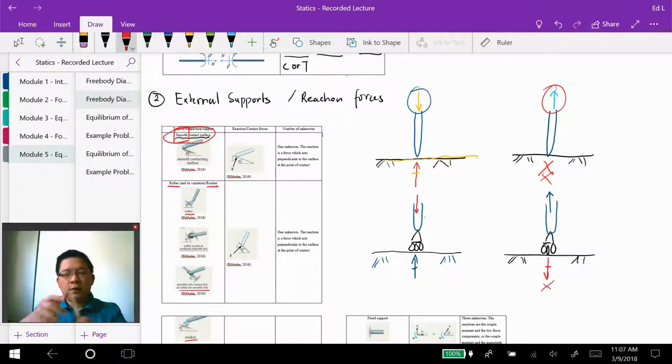What does it mean? This roller support is trying to prevent all of the motion of this member in the vertical direction. When I push, it restrains the motion, and when I pull, it also restrains the motion, such that there will be a reaction force in this vertical direction, whether it's going upward or going downward.